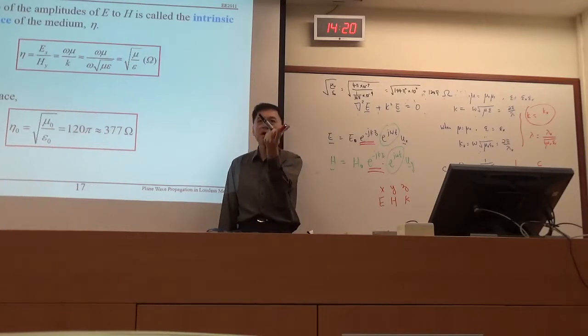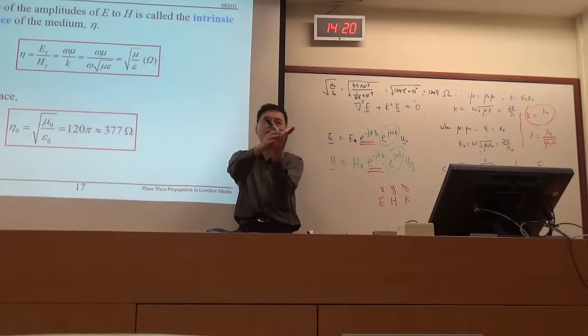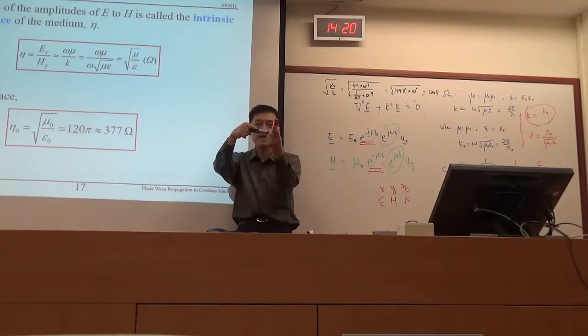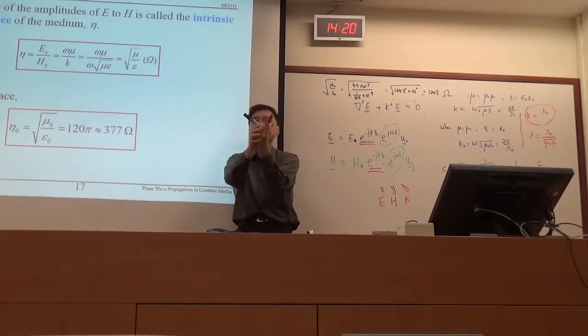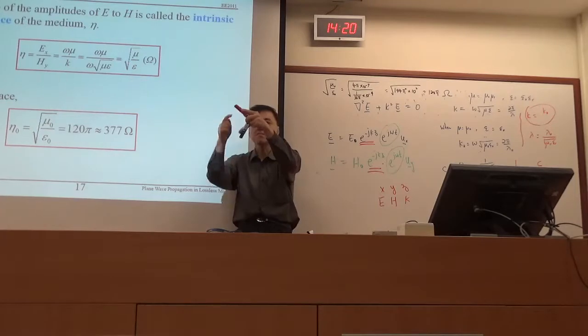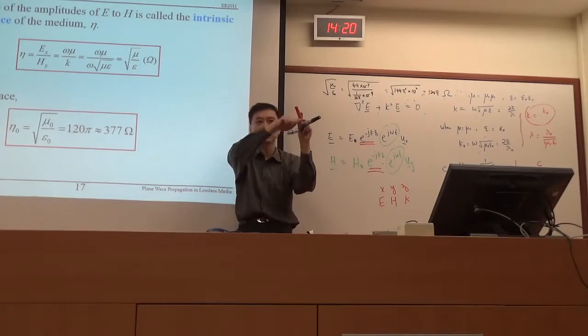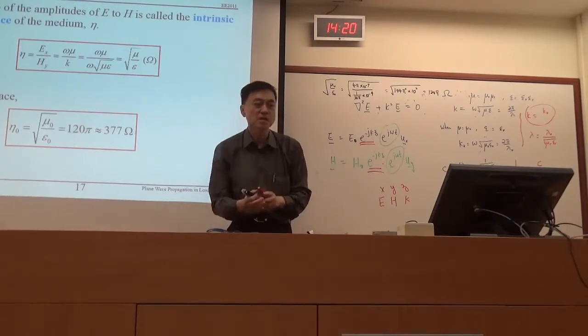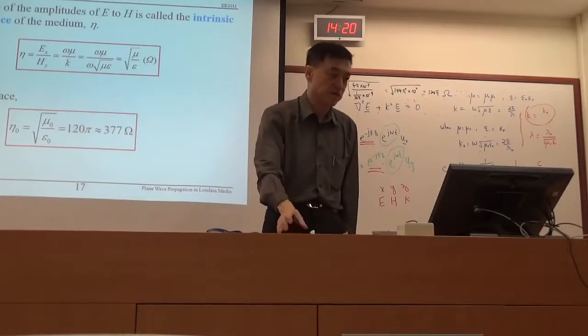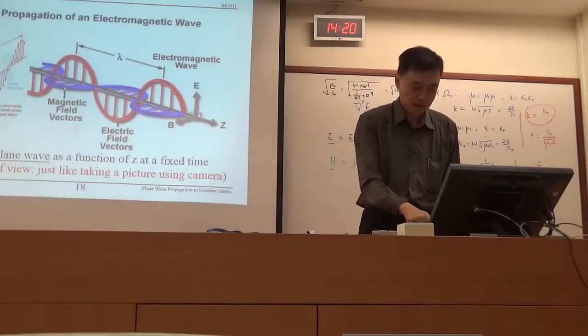So no matter how I define my coordinate system and how I rotate this so-called right-hand coordinate system, it will remain true. No matter how it is, E cross H must be in that direction, E cross H must be equal to K. So it is the general solution. Alright?